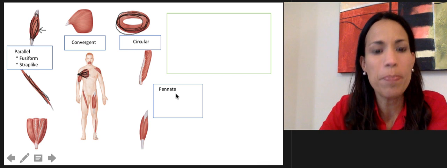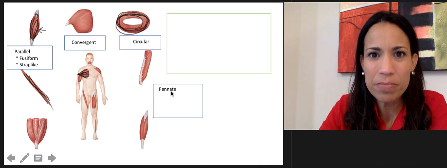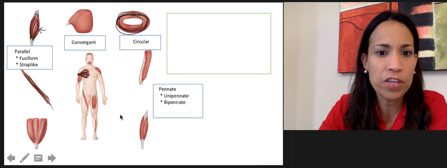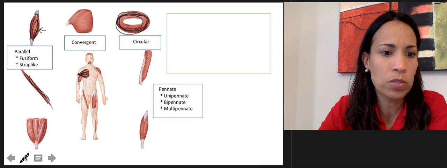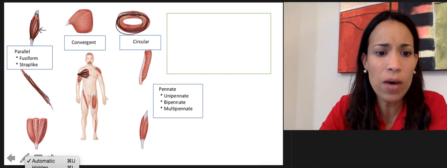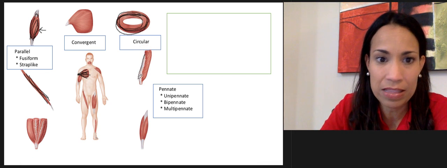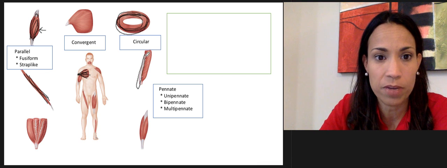And then we have the pennate. Pennate means feather. Does it look like a feather? So we have the unipennate, the bipennate, and the multipennate. In all three types of pennate muscles, we have a tendon.